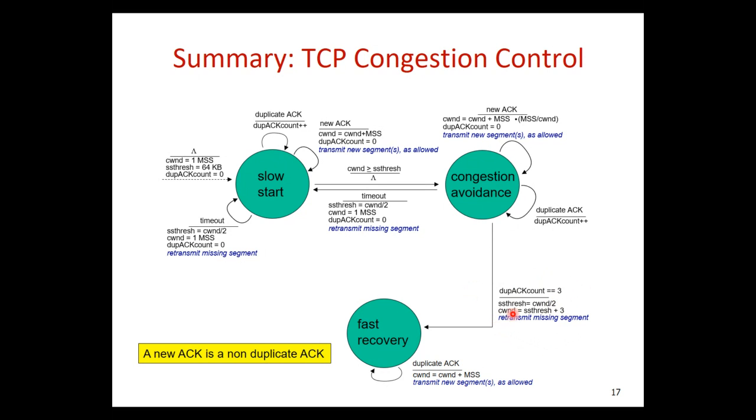Then set CWND to be SS threshold plus 3, which is CWND divided by 2 plus 3. This is a reduction of CWND, but less drastic than setting it back to 1 MSS. Retransmit the missing segment, and then it will go to this state. I haven't told you about this state we call fast recovery. I'm not going to go into all the details, but I'll give you an idea of what happens in this state.